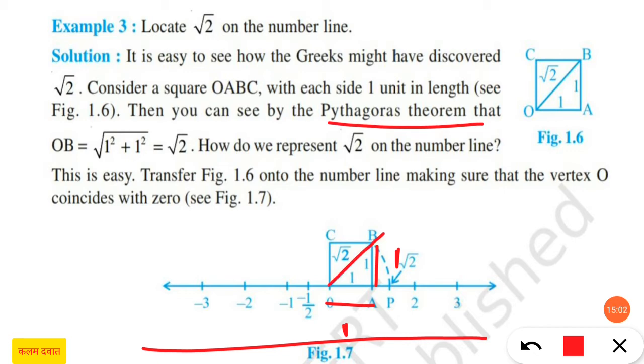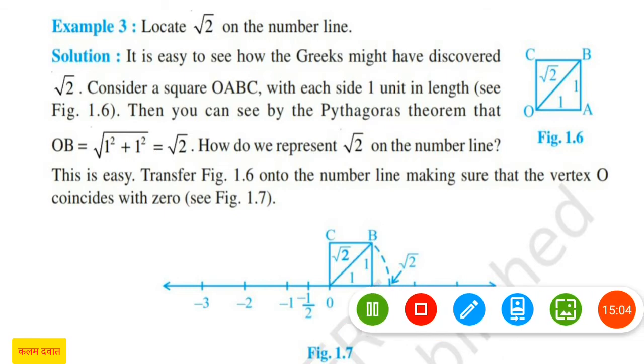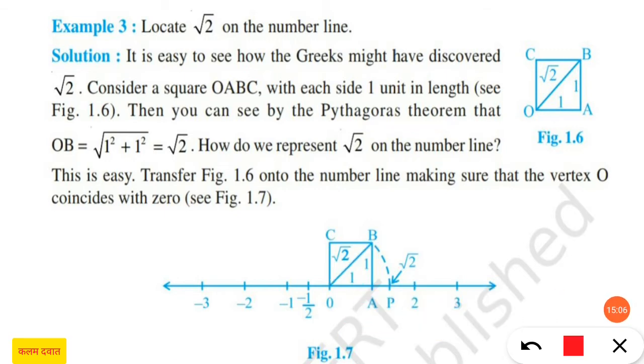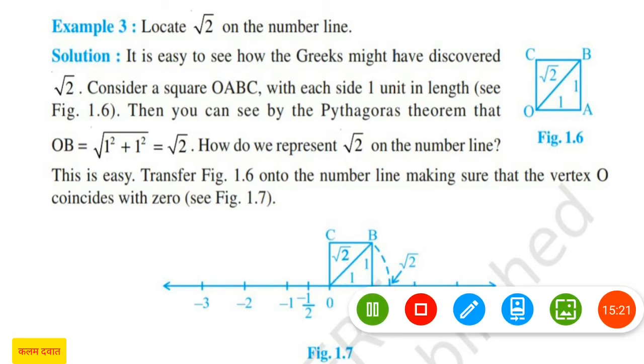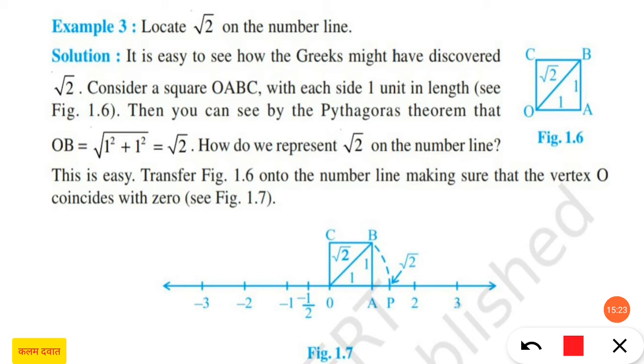If this is root 2, what we have to do now, with a rough paper and a compass, is take O as center and OB as radius and put an arc on the number line. This will be your arc and this will cut the number line at a point P. See, this point P will be root 2 because this is the distance root 2.